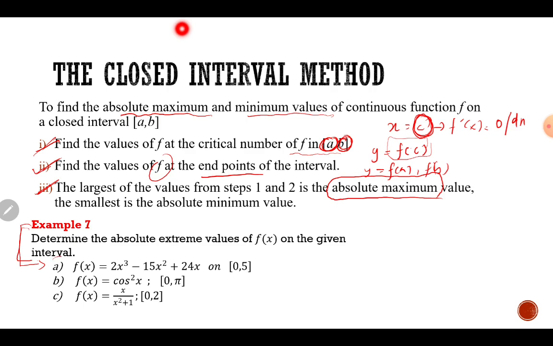Alright, let's try with example 7a here. The example is f of x equals 2x cubed minus 15x squared plus 24x.